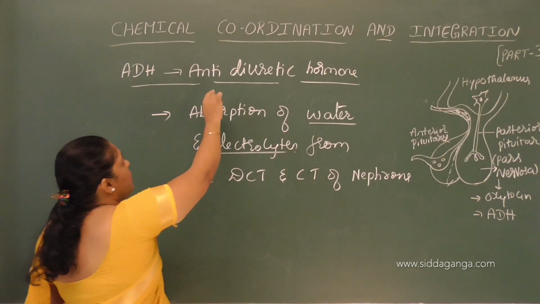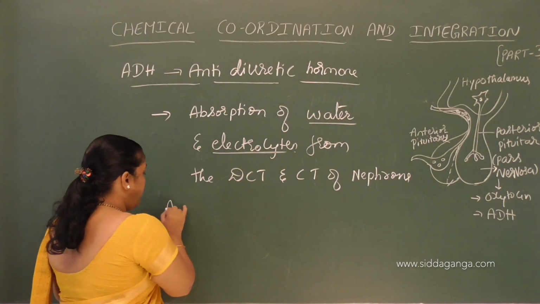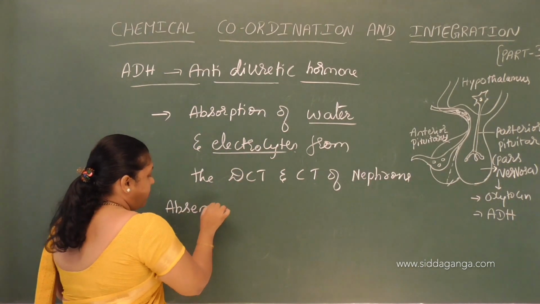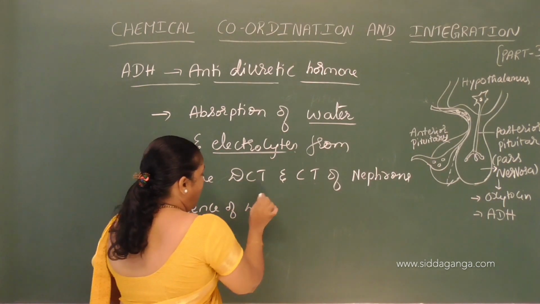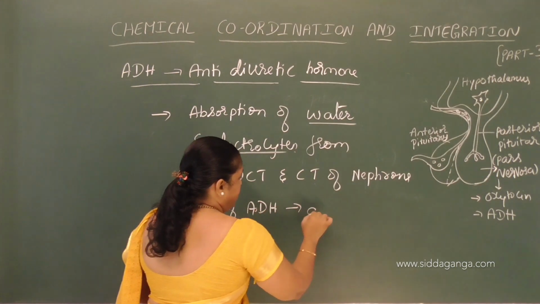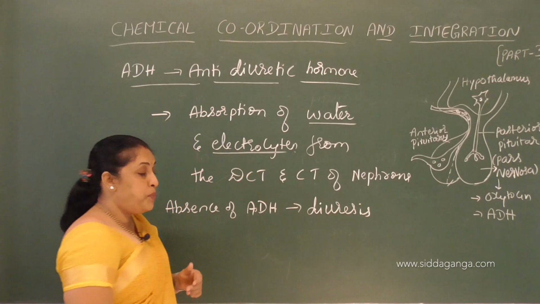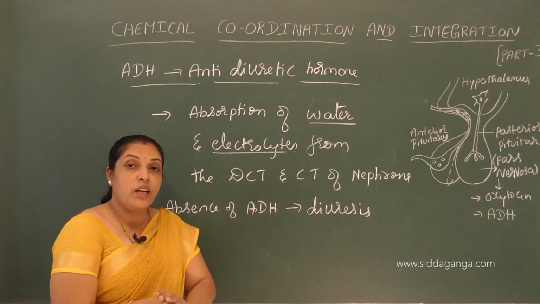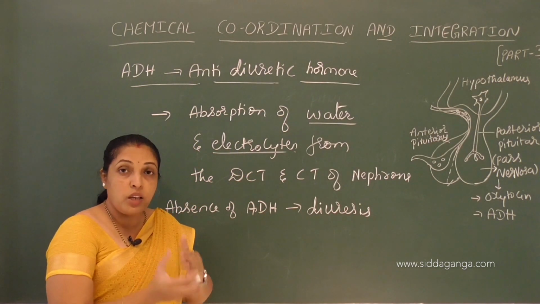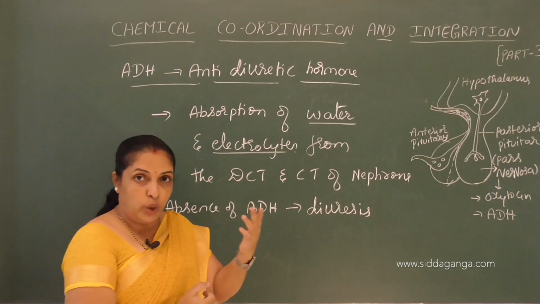In the absence of ADH, we see a condition called diuresis, which means frequent passage of urine, called polyuria.